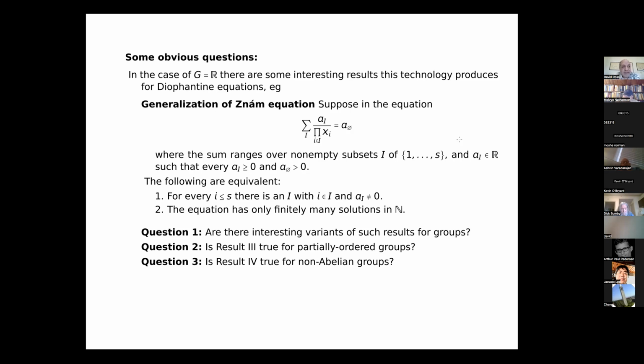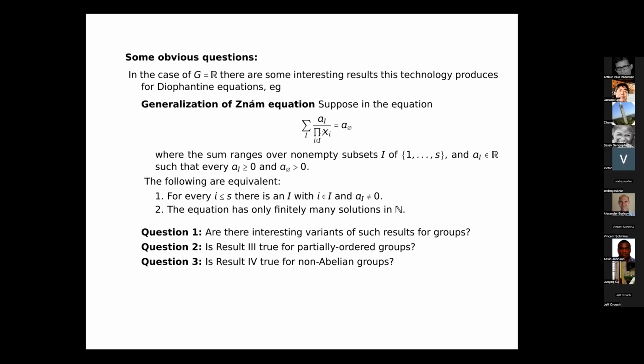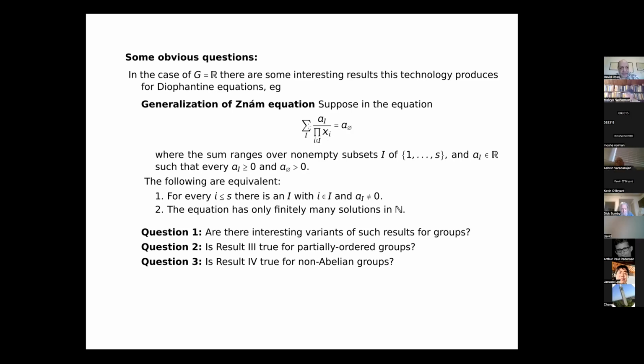So for example, you can generalize the Znam equation to look at a sum of terms where the numerators are real numbers and the denominators are every possible product of the variables x1 through xs. And you can ask, what do the solution sets for this kind of equation look like?